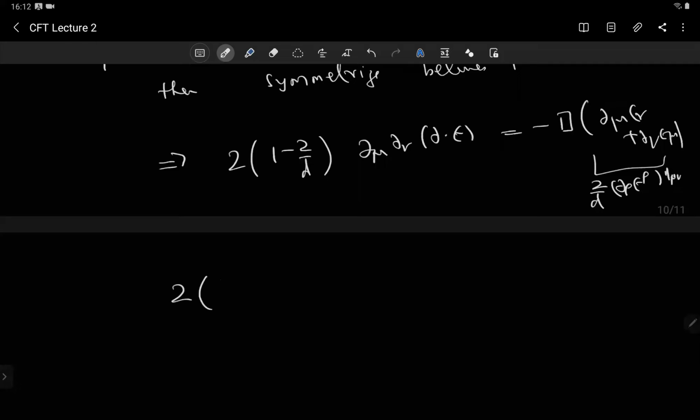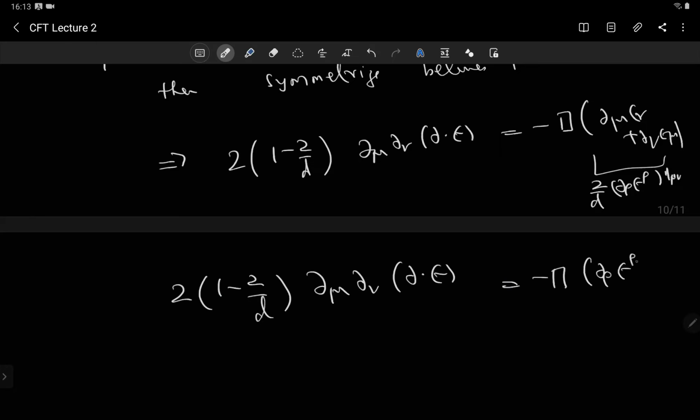So you get 2 times 1 minus d by 2 times del mu del nu del dot epsilon is equal to minus box del rho epsilon rho times eta mu nu times 2 by d, because this is just 2 by d del rho epsilon eta mu nu. So you just substitute that. It's minus 2 by d box of del dot epsilon.